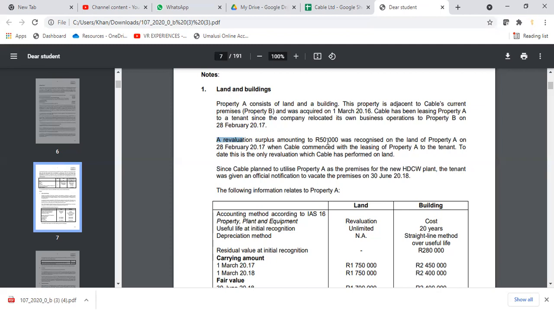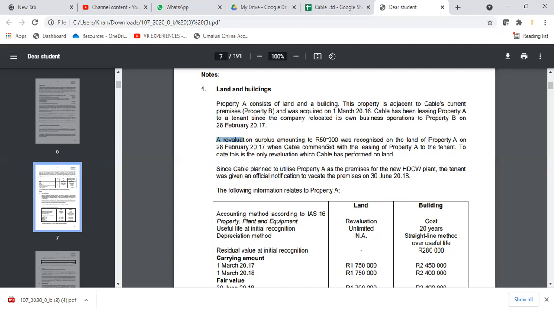Now on 28 February 2017, they transferred it into investment property, but before that they first need to apply IAS 16 in its fullest. They're using the revaluation model, so let's assume we went from 1.5 million to 1.55 million. The journal entry would have been debit land 50,000 Rand, credit revaluation gain OCI 50,000 Rand.